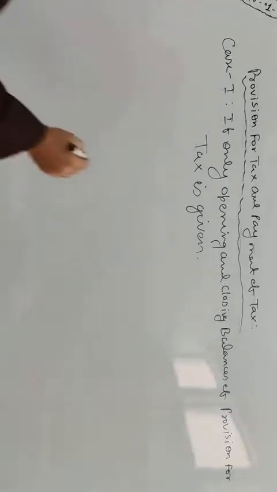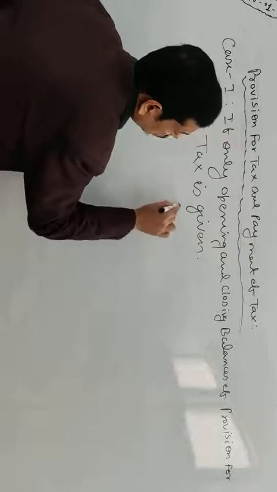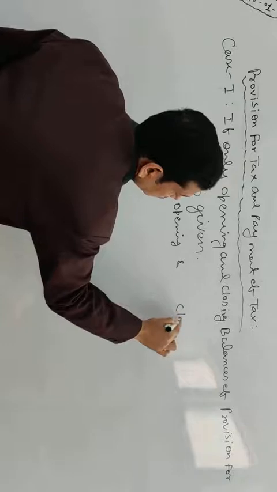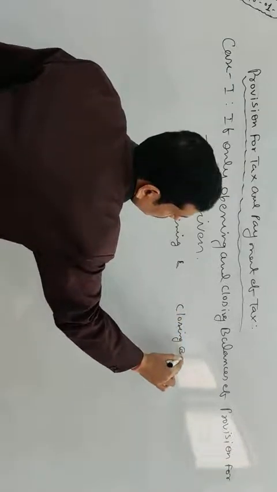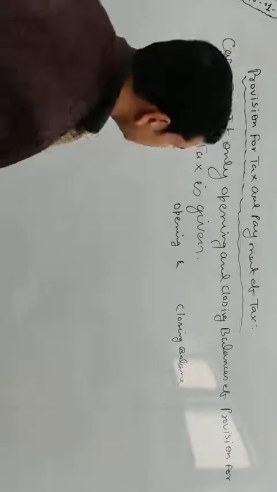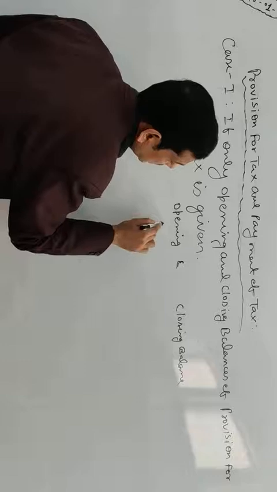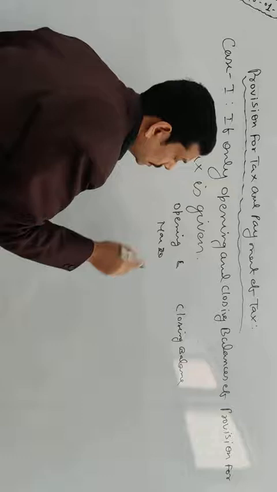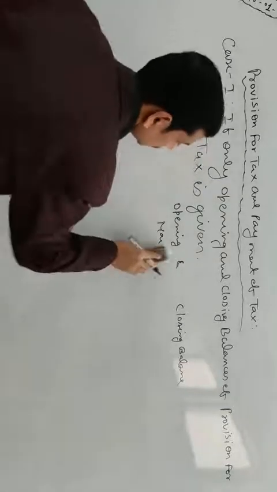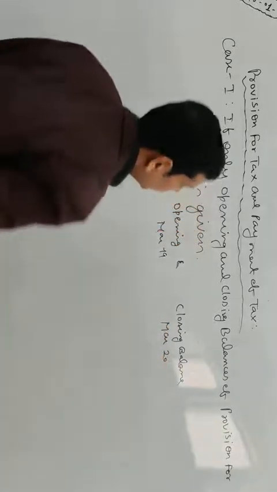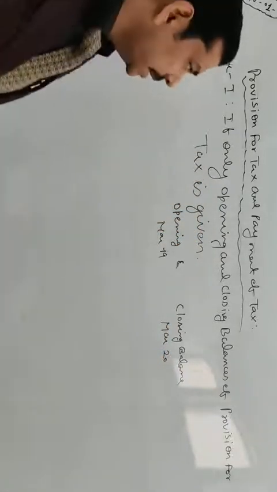Clear? So it's very simple. You will get two balances, opening and closing. Either it will be given as opening or closing balance, or it will be given as 31st March 19 or 31st March 20, whatever the situation is.